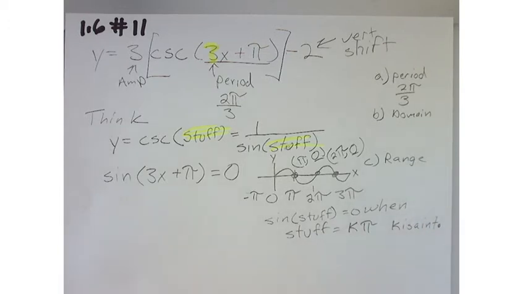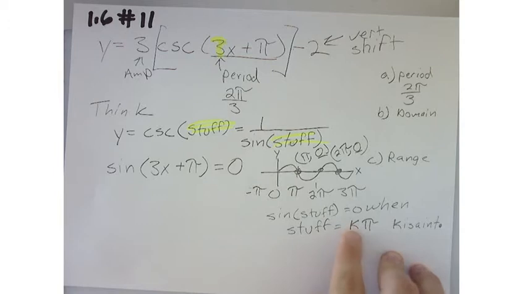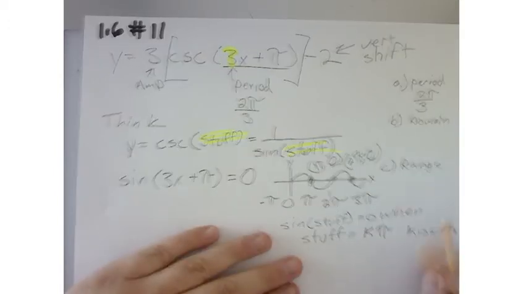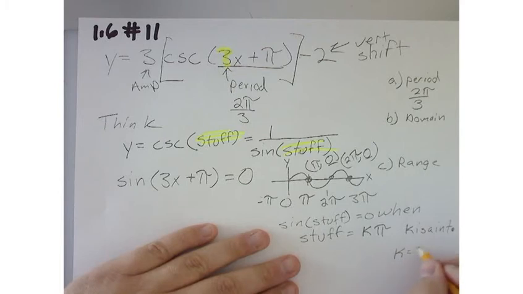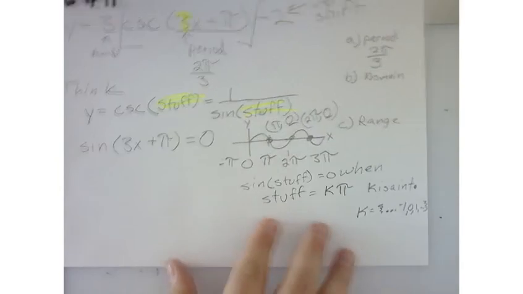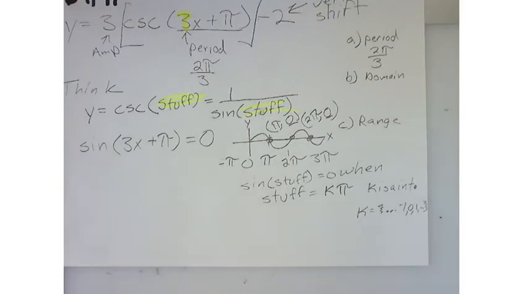So if I plug in -1, -2, -3, 0, 1, 2, 3, 4, k is an integer.